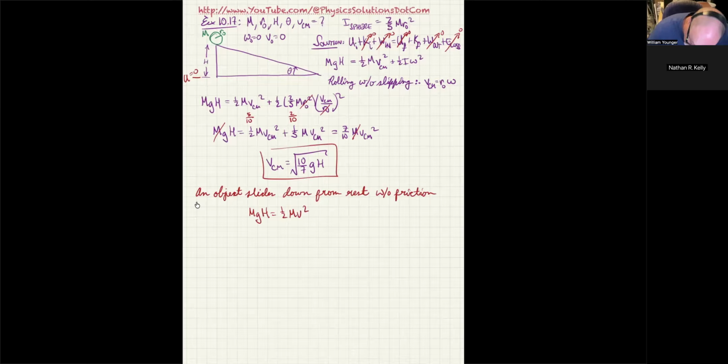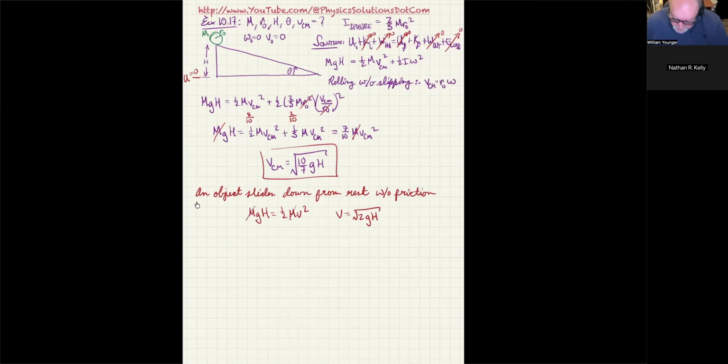You can see again the m's are canceling out, but this time v is equal to the square root of 2gh. That's capital H. Sorry about that. Might as well just rewrite it. Square root of 2gh, like that.